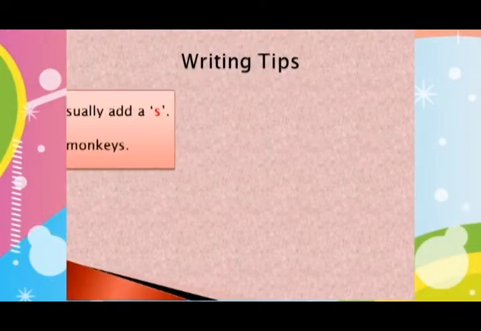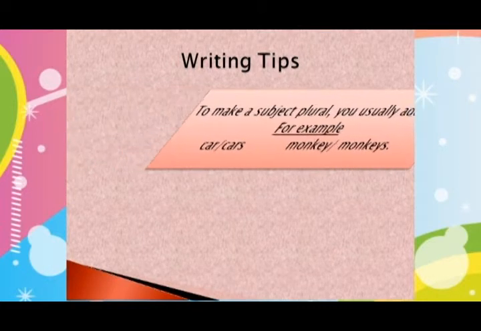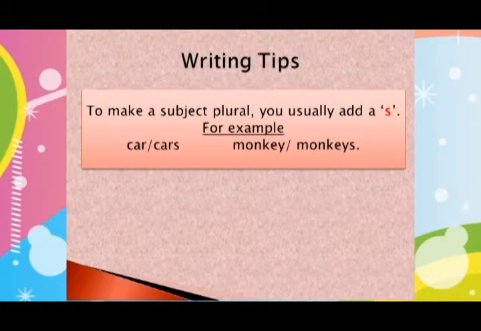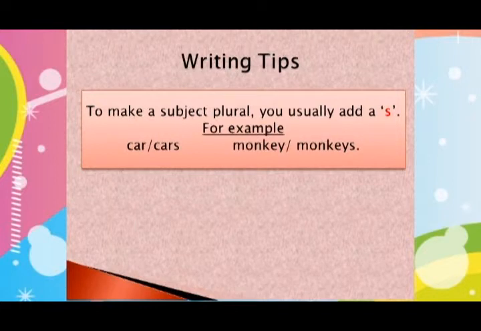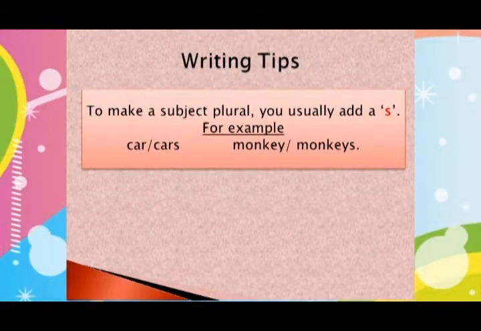Now, let us look at some writing tips, bearing in mind that the subjects and the verbs must be in agreement. To make a subject plural, you usually add an S. For example, car, cars, monkey, monkeys.